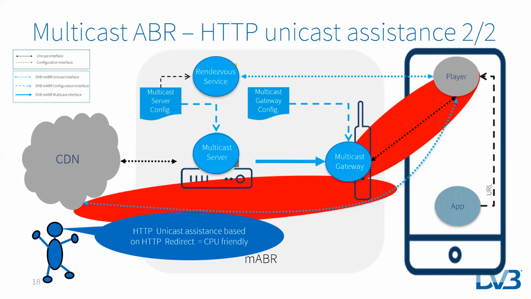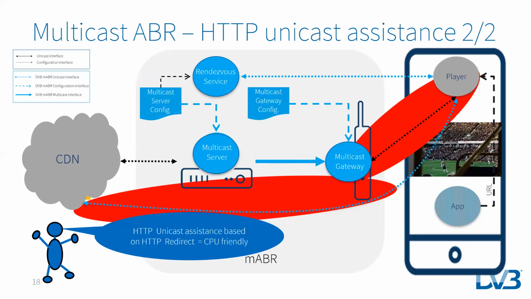The multicast gateway waits for the request from the player, and instead of answering the request, it redirects the request, and the player will ask for the missing segments itself. It's again transparent to the player because it's based on HTTP redirect, which all players support, and it avoids consuming too much CPU resources in the multicast gateway, and it provides exactly the same service as the slides we just saw before, right?